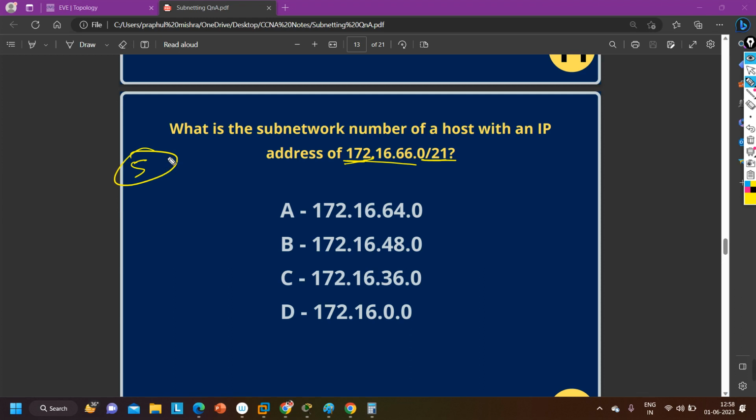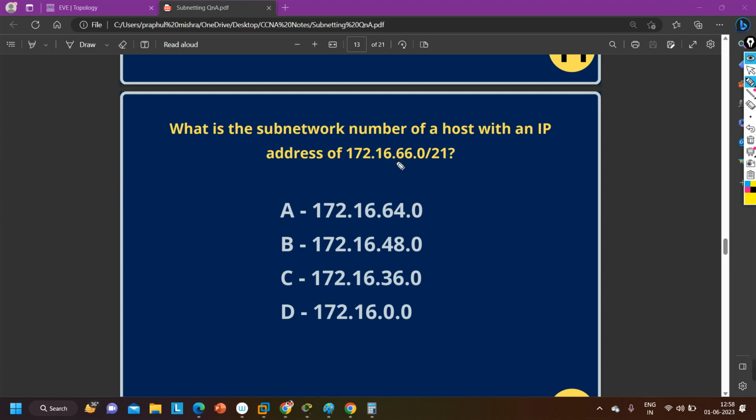After that, what will be the network ID of this IP address? 2 power 5. For that you need to find the block size. Block size will be 8. The subnet mask is 255.255.248.0, 256 minus 248, so block size will be 8.